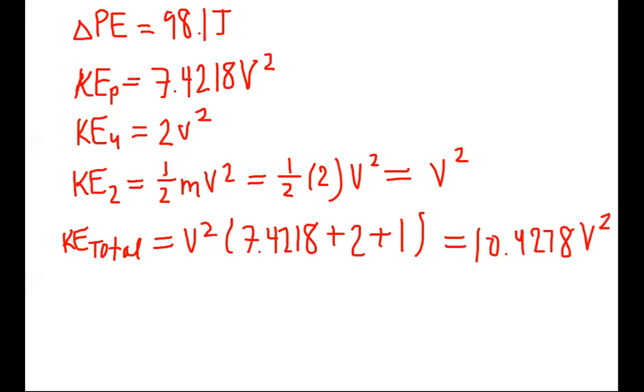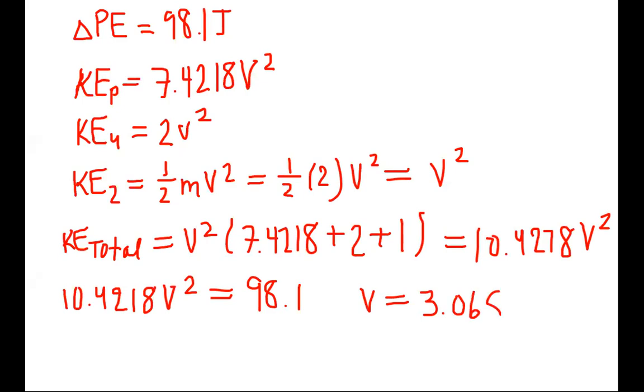Now, the change in kinetic energy is equal to the change in potential energy, so I have that 10.4218 velocity squared is equal to my change in potential energy, 98.1. So this will now allow me to solve for the velocity, which was the unknown in this problem. Plugging that into a calculator, I get that the velocity is equal to 3.068 meters per second.